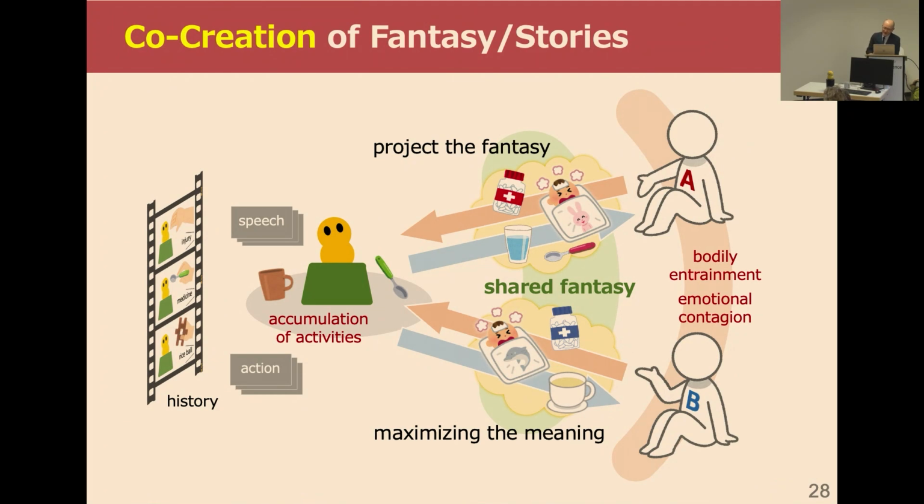Then this cognitive process runs in each individual in parallel. Child A projects her expectation towards the real situation. Her speech and action are now visible and accumulating in the real world, making a kind of history.